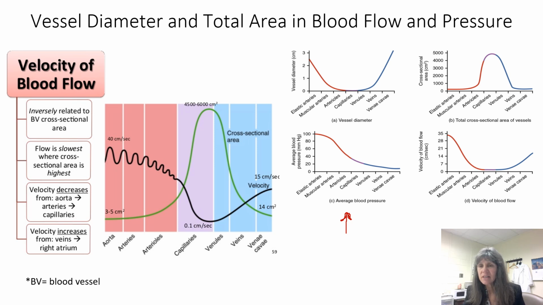And interestingly enough, again, we said that the velocity of blood flow initially is very high, slows down as it gets through the small blood vessels, and then starts to increase as it gets back to the vena cava, because we've got structures that help move the blood back to the heart that are external to the veins. Specifically, muscles are going to help squeeze the blood and help it flow a little bit faster to the heart.